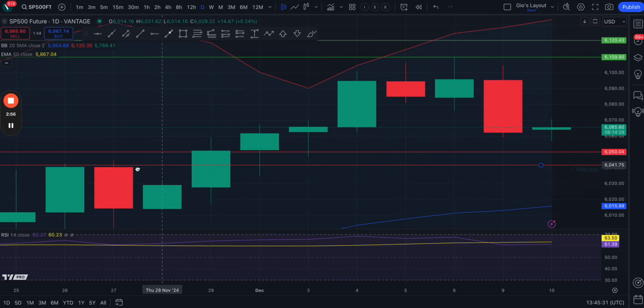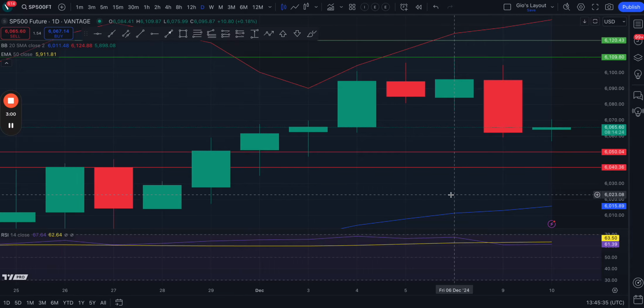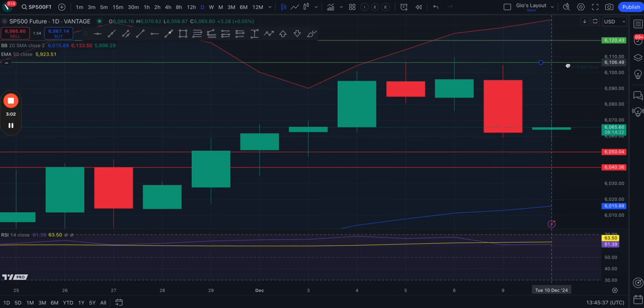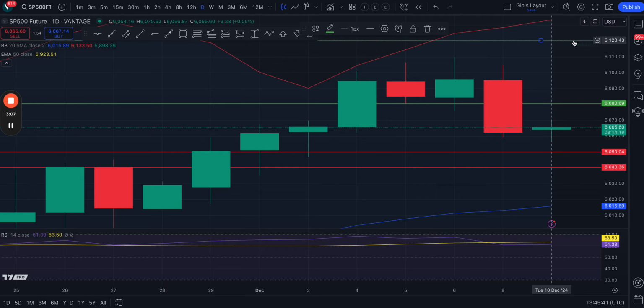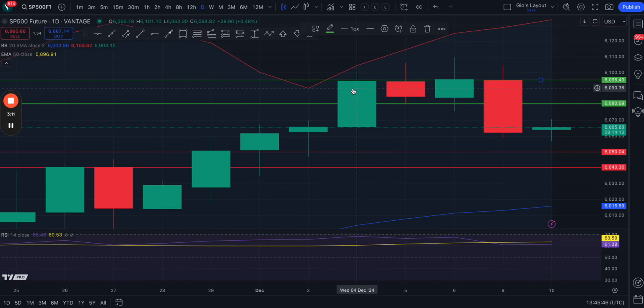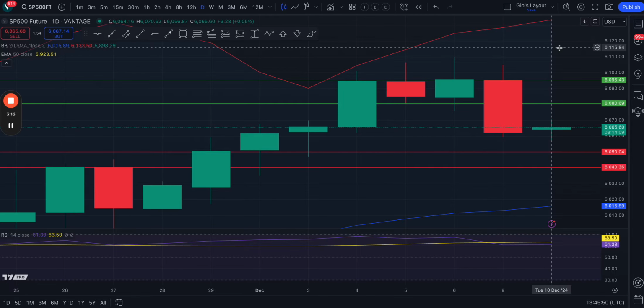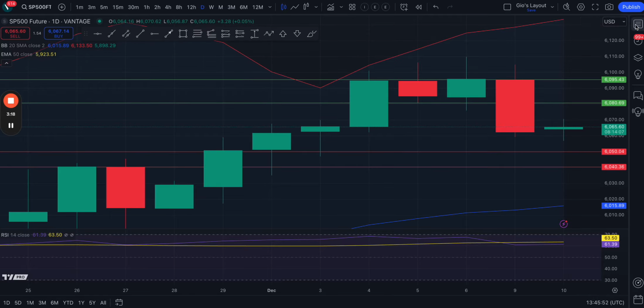Actually, this level right here. And then as resistance goes, let's use 60.80, and then this almost triple top, or this area right here, as our power level of resistance for the S&P.